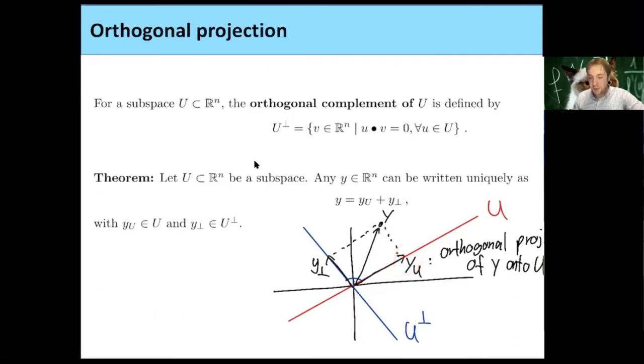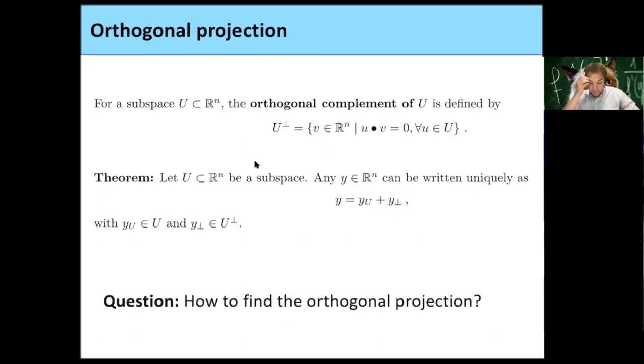And then the corresponding theta will also give us the best fit for our original Y. Yeah, so this is the question: how do we find the orthogonal projection?